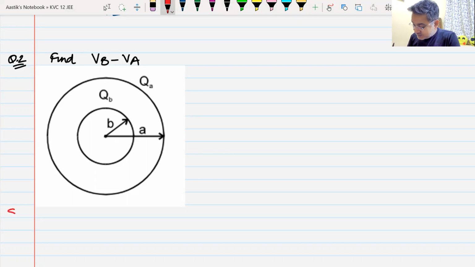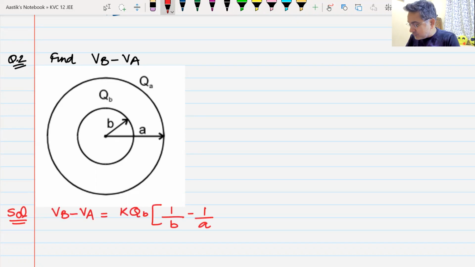The answer you are going to get for VB minus VA will be KQB into 1 by B minus 1 by A. Yes or no? Did everyone get this answer?